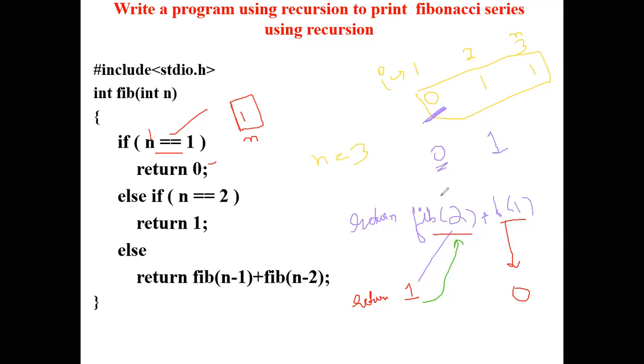Fib of 2 is returning the value 1, and fib of 1 is returning the value 0. So we are finding return of 1 plus 0, which is 1. This is the result we get from the call, fib of 2 plus fib of 1, that is 1. That value will be passed to your function call.